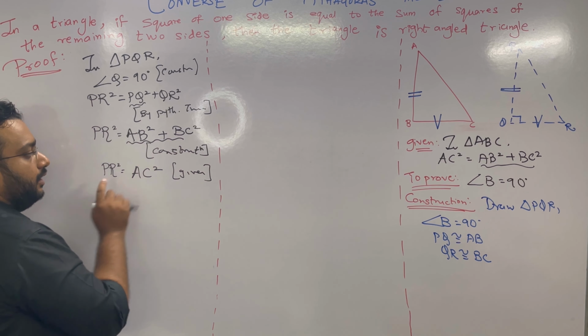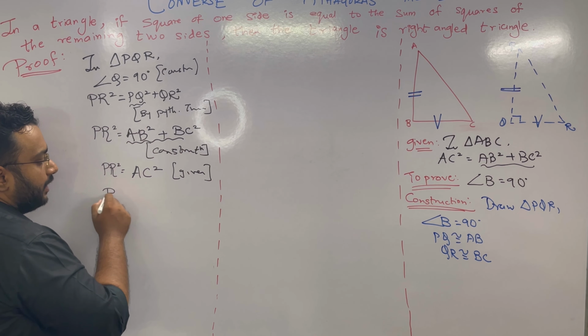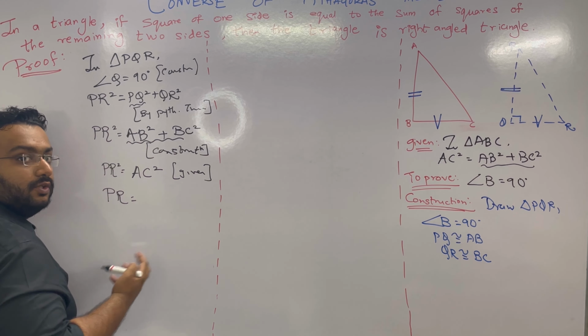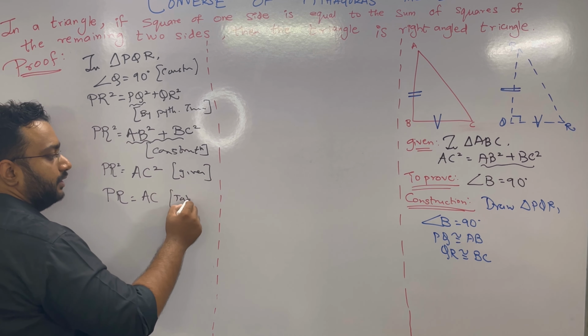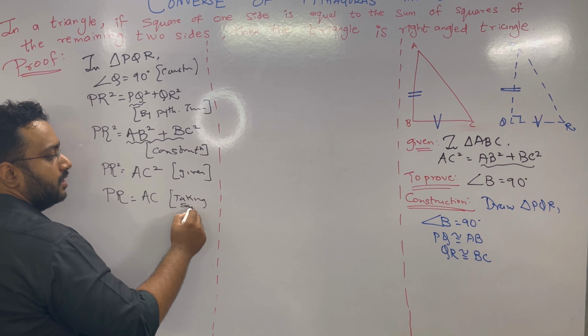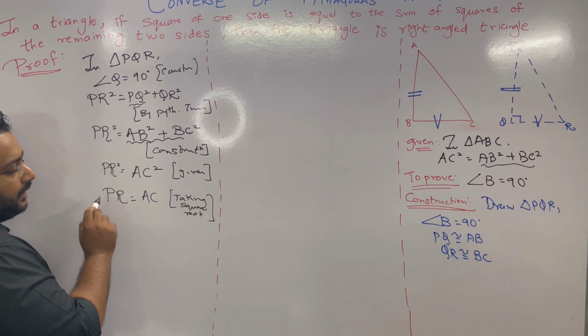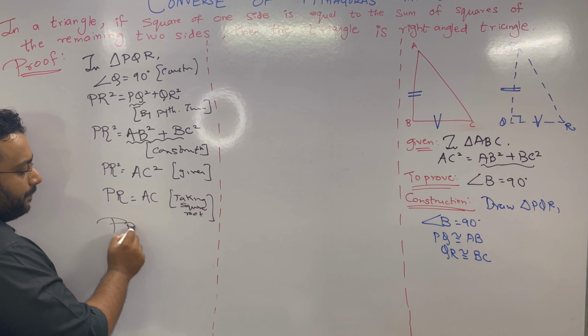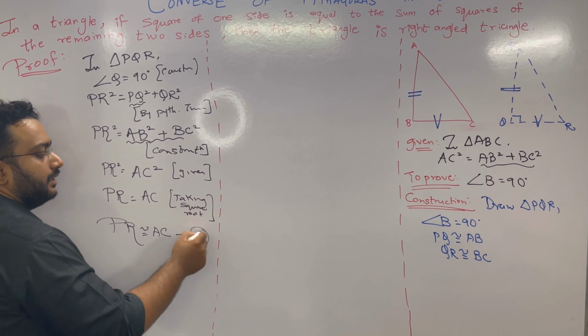Now if PR square is equal to AC square, then PR will be equal to AC. What did you do? You took square roots, so in reason you write taking square roots on both sides. If PR is equal to AC, we can also say PR is congruent to AC, and we'll mark this as equation number 1.